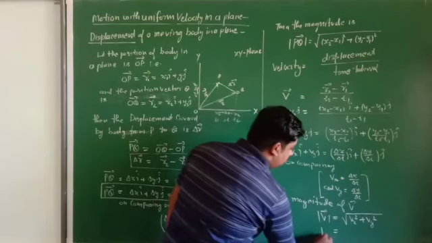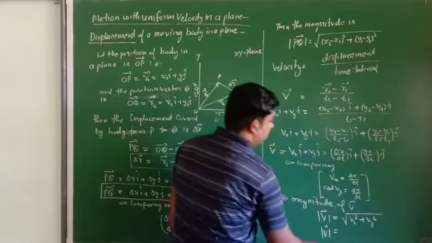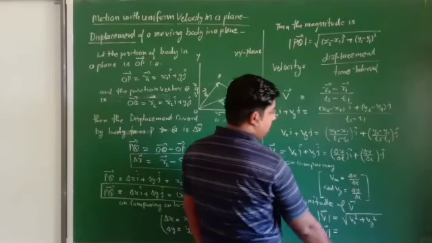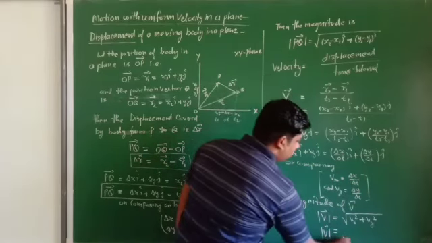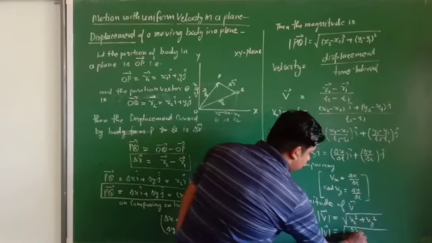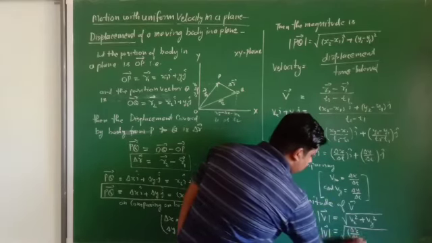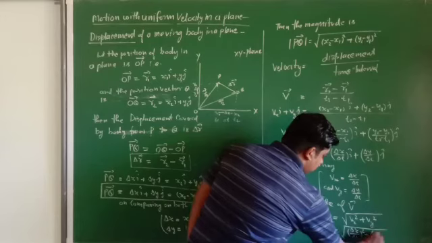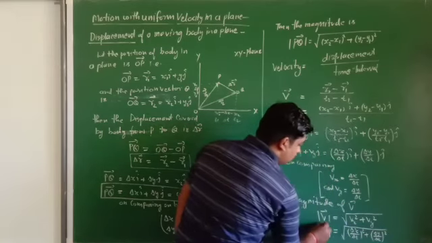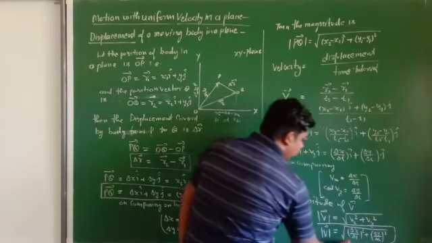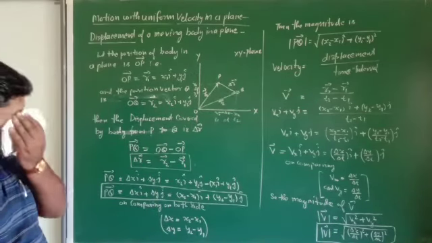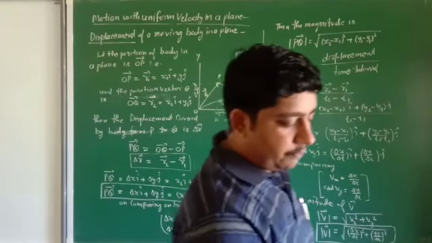So we can write vector v is equal to, what is the value of vx? This is delta x upon delta t, and vy is delta y upon delta t. So under root (delta x upon delta t) whole square plus (delta y upon delta t) square. So this is the magnitude of the velocity.